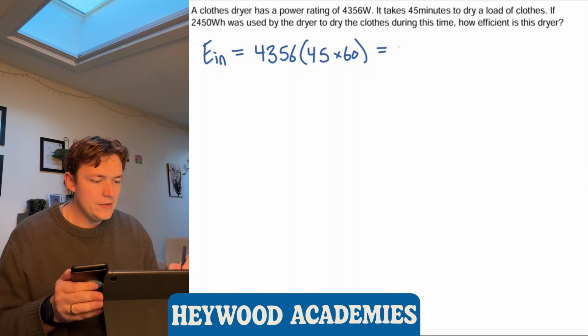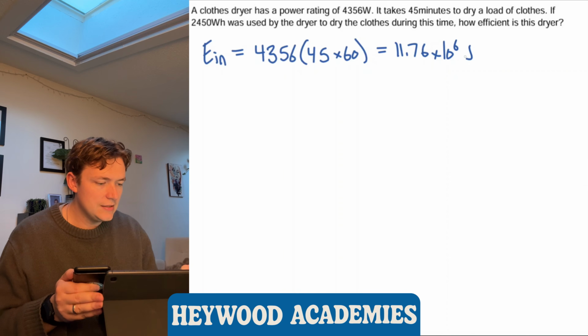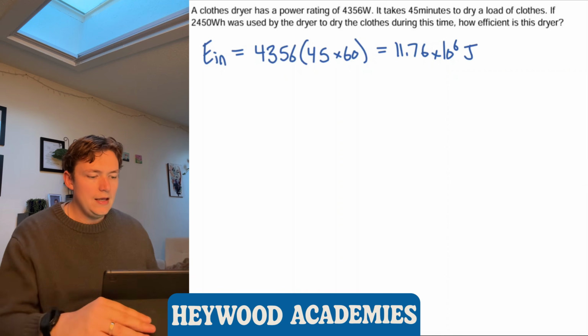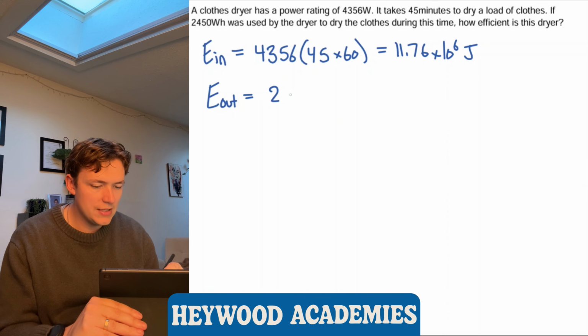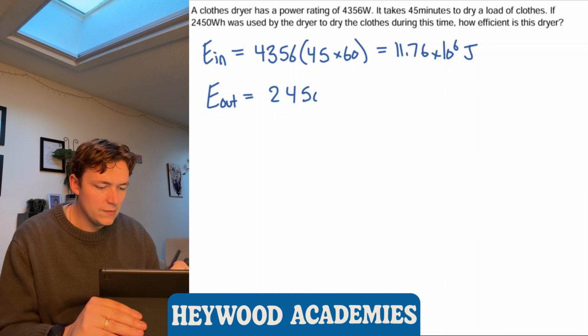Okay, really big number. Put this in scientific notation, 11.76, or engineering notation, I guess, times 10 to the 6 joules. And then our energy out, in this case, we can reuse that same equation that we had from the last question, where we said that if we wanted to convert this into joules, we just needed to multiply this by 3600.